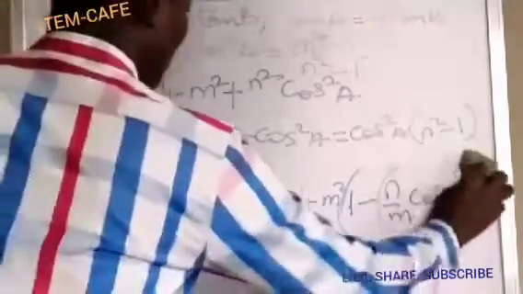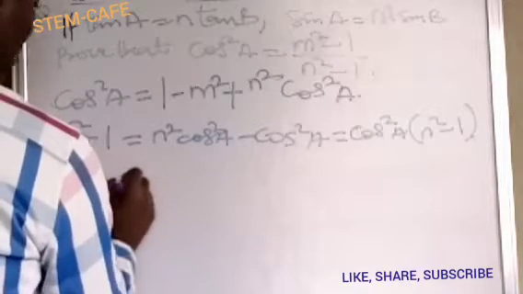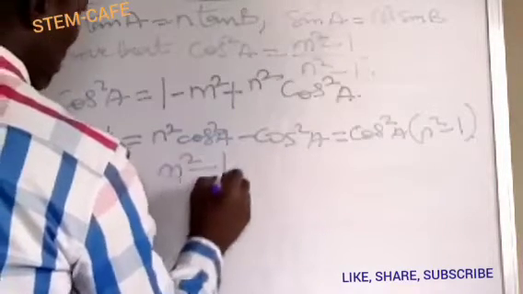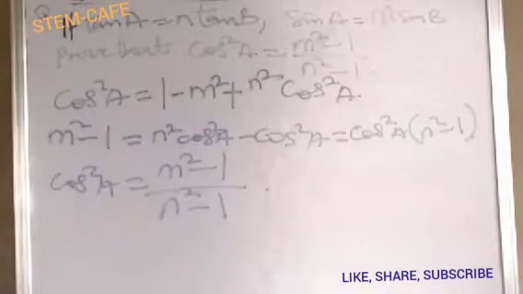From this, we divide both sides by n squared minus 1. So cos square A will be equal to m squared minus 1 over n squared minus 1. Thank you.